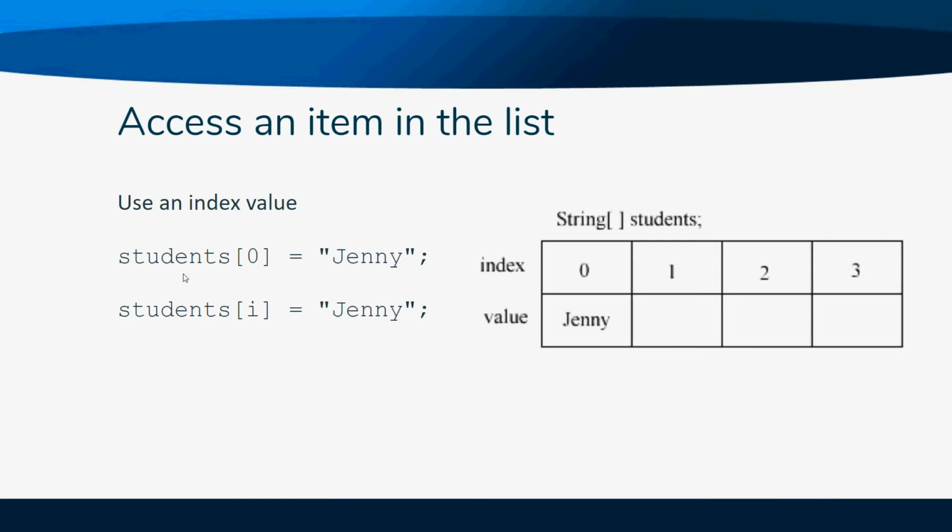The third reason is it's used to access items in the list. So in this situation, I'm saying students at position 0 is equal to Jenny. It's putting Jenny into position 0 of the array. You could also use a variable in those square brackets. So maybe it was position X that you wanted to change to Jenny. You could use a variable to do that.